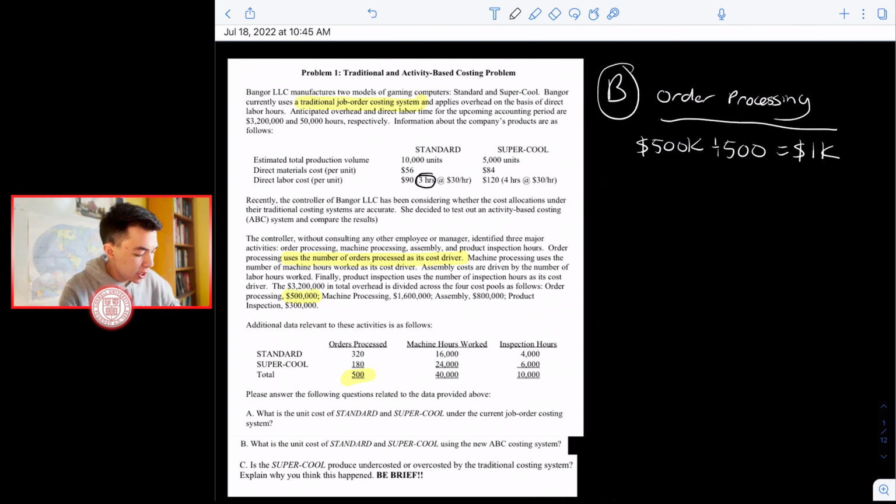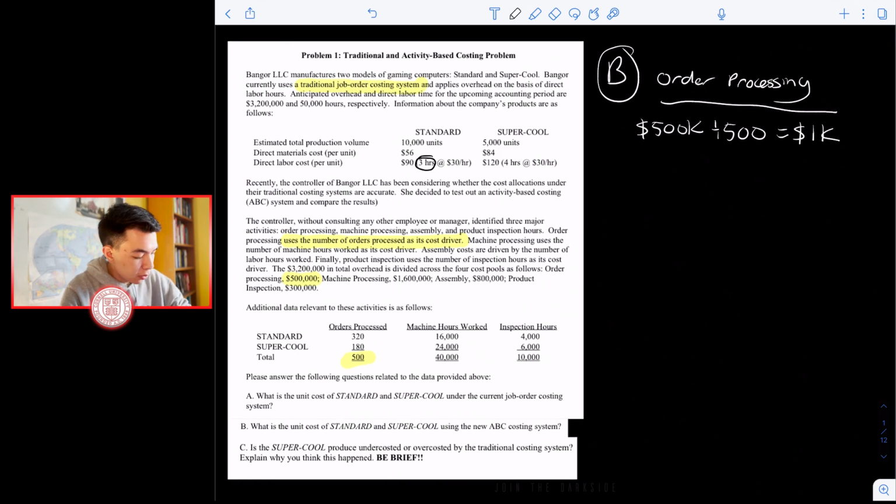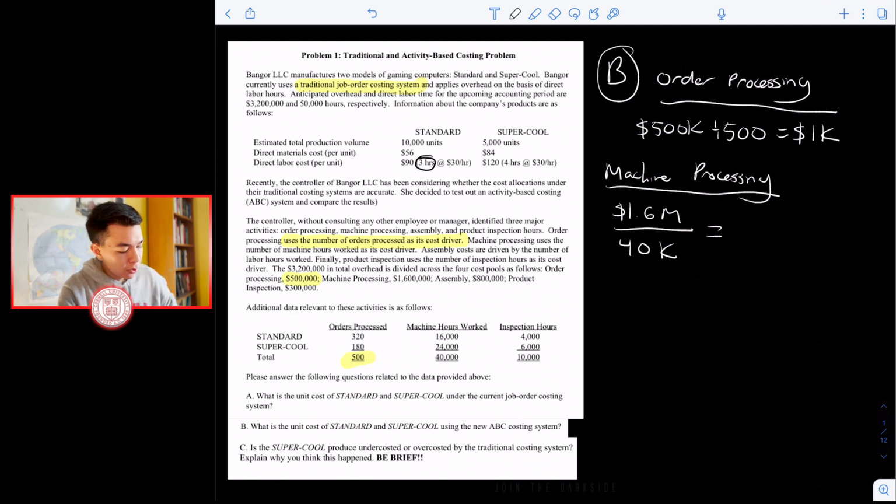So now we're going to do machine processing next. Machine processing is 1.6 million, and they tell us it's based off of machine hours. I'm going to divide that by 40K hours. So we incur $40 of overhead for every machine hour done.